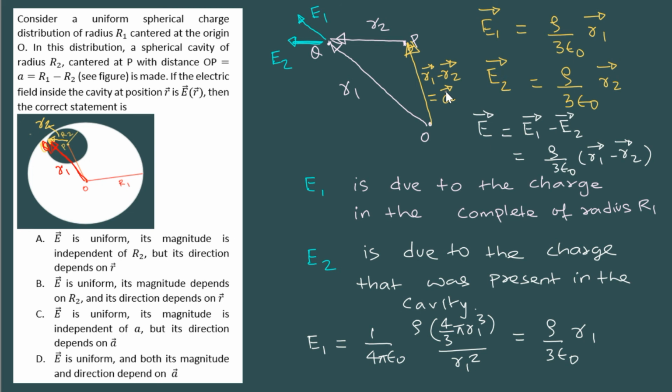It depends only on the A vector, which runs from the center of the original sphere to the center of the cavity. So the electric field is uniform. Is its magnitude independent of A? No. Its magnitude and direction depend on A. So the answer should be D.